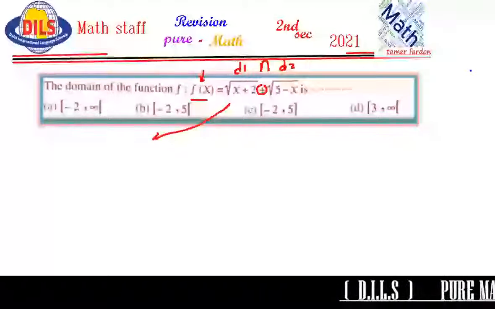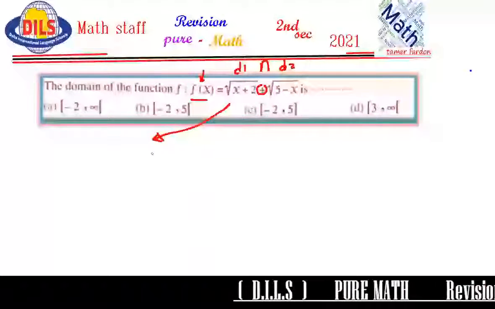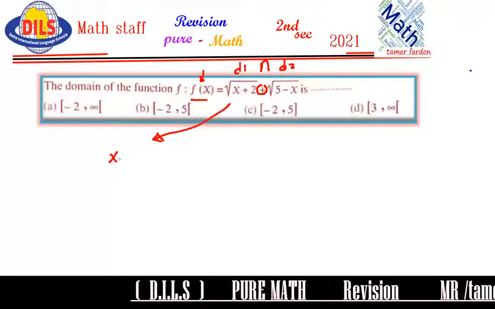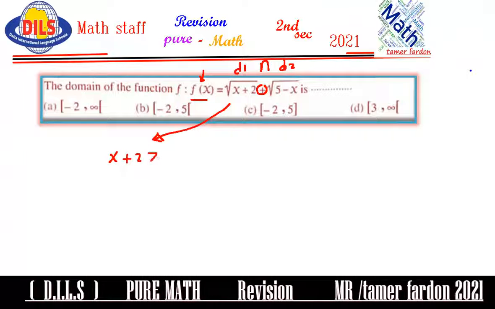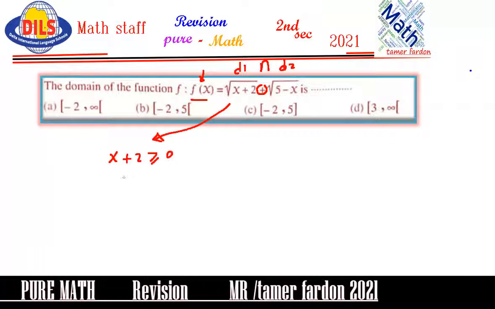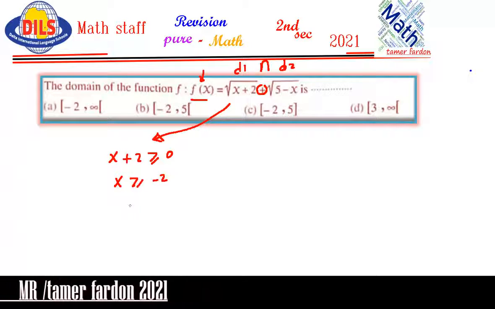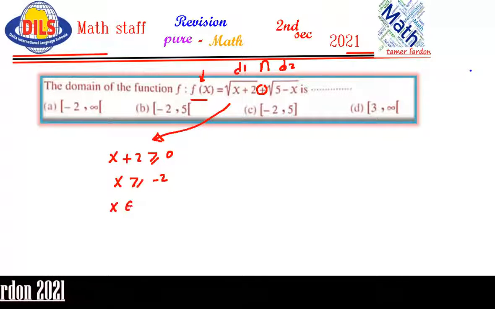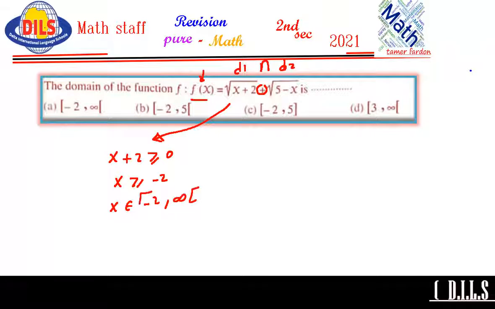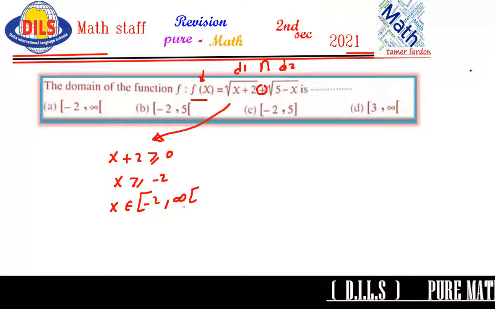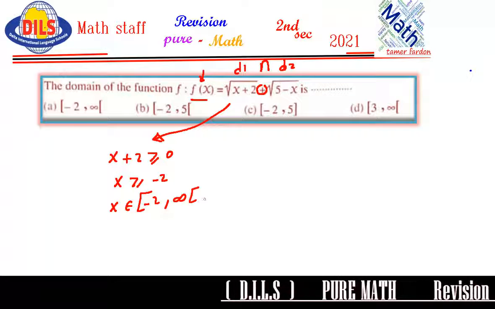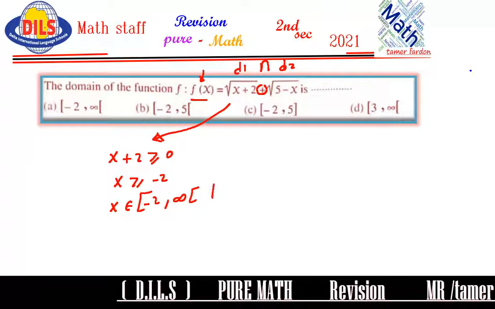Root x plus 2 is defined only when x plus 2 is greater than or equal to 0, so x is greater than or equal to negative 2. So x belongs to [-2, infinity), negative 2 closed, infinity open. This is d1.